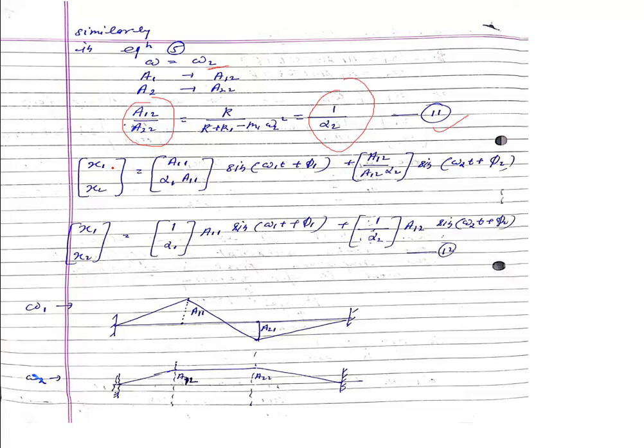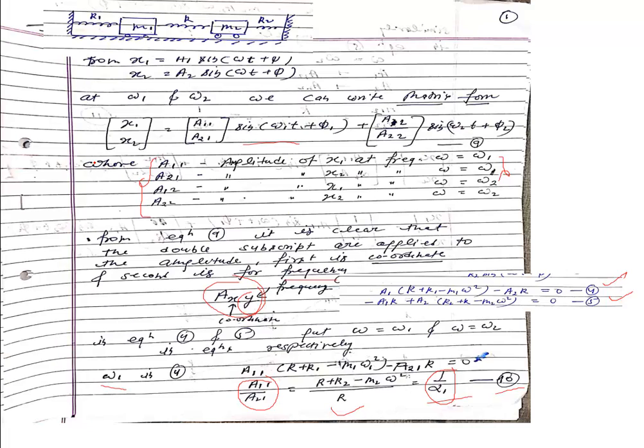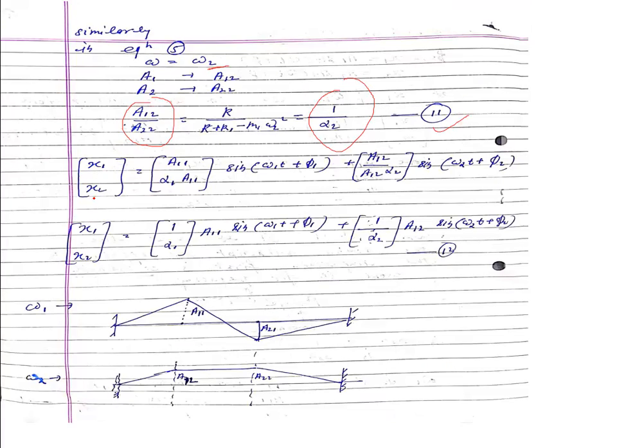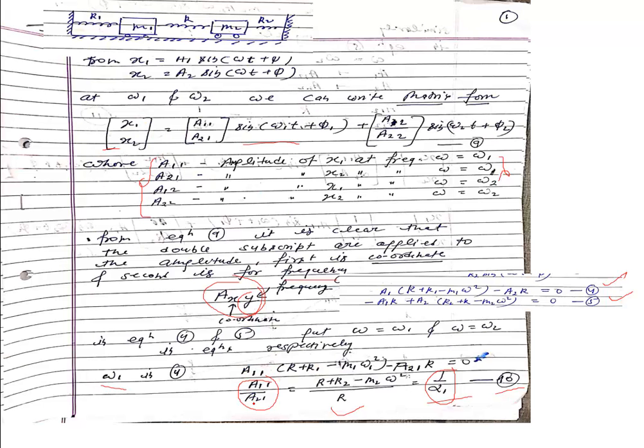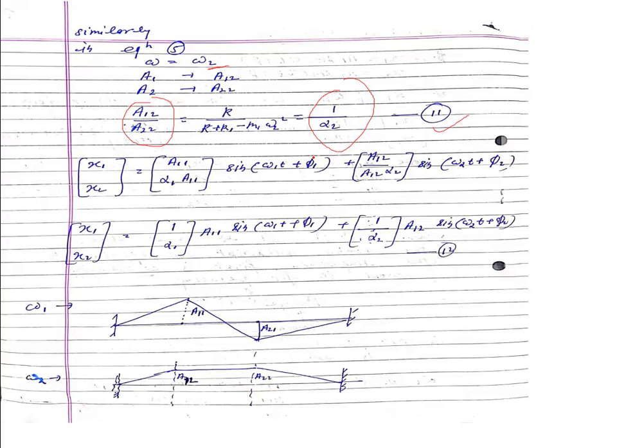So from this equation, equation number 9, we can put all these values of x1, x2, a11. From this we have seen that a11 upon a21 equals 1 upon alpha 1. So a21 equals alpha 1 multiplied by a11, and a22 equals alpha 2 a12.